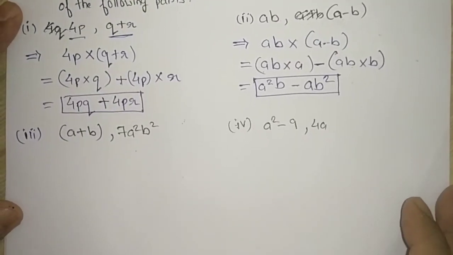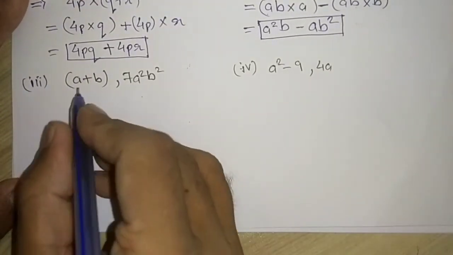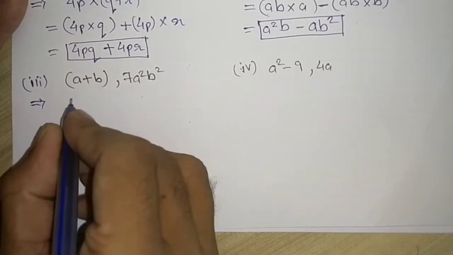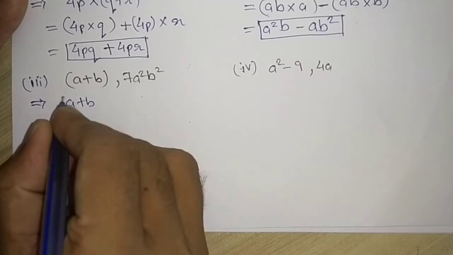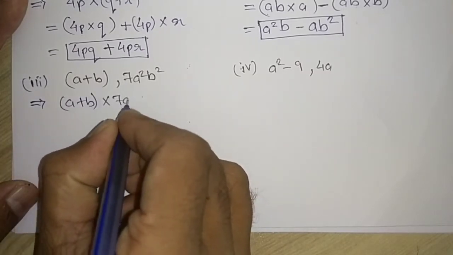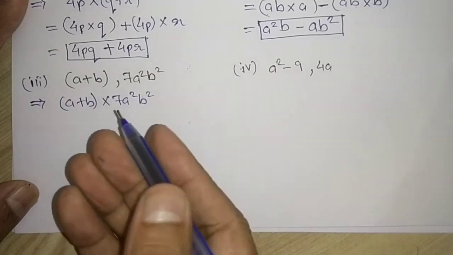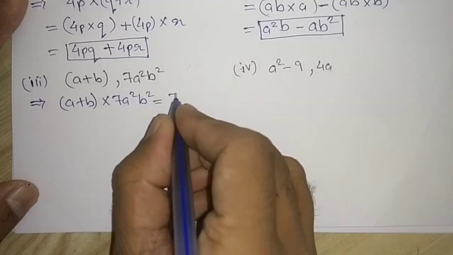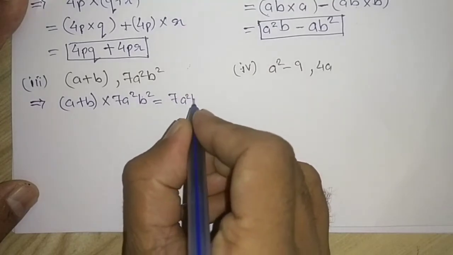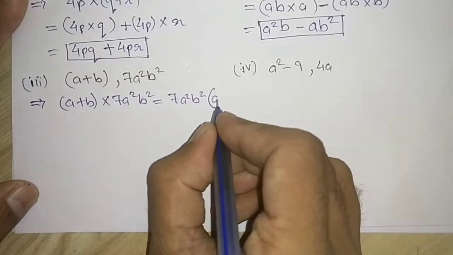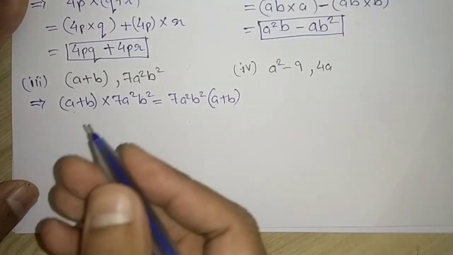The third part says they have given one binomial and one monomial. So solving a plus b multiplied by 7a square b square, which we can write like this also: 7a square b square into bracket a plus b. Why?